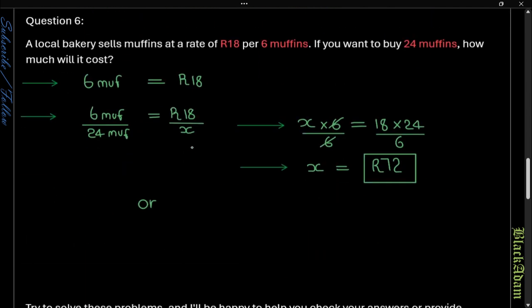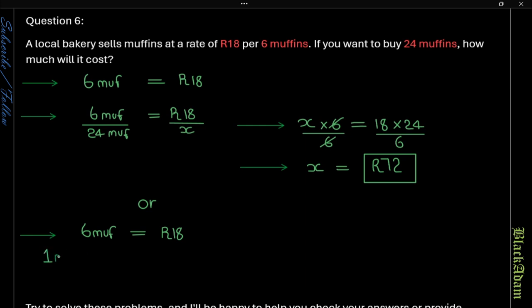But let's check. We can also do it another way. We know that we have 6 muffins for 18 rand, and then we need to know how much is the equivalence of 1 muffin. So we divide both sides by 6 to get 1.